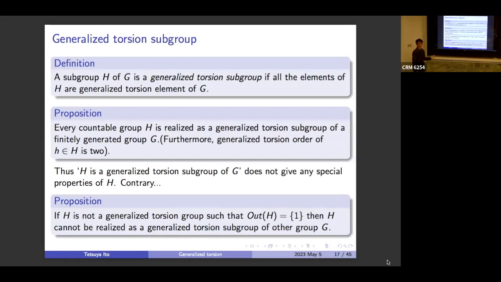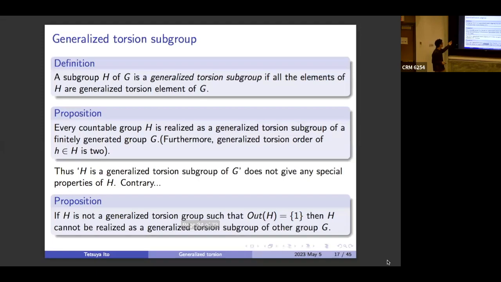Because of the conjugation, even if we embed H in a larger group, the conjugation action is just an inner automorphism, and since H is normal, there is some kind of restriction. It is an interesting question to explore how to realize a group as generalized torsion elements.